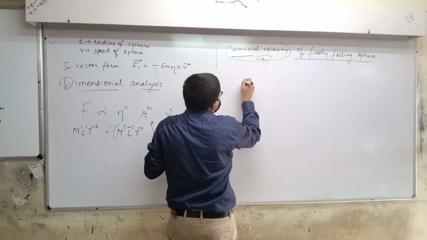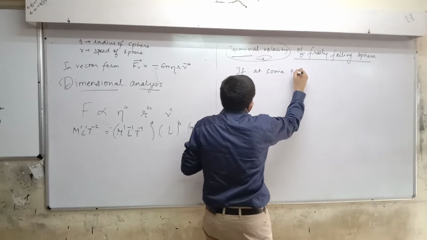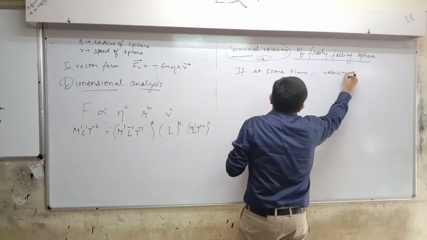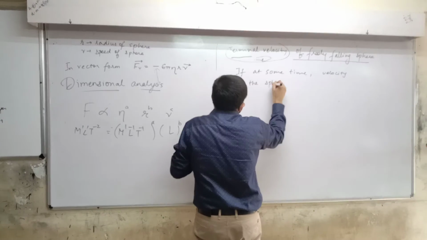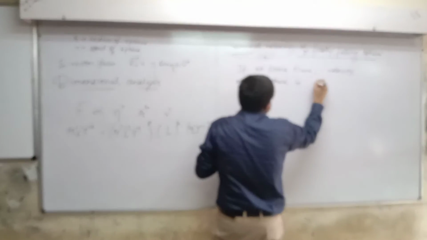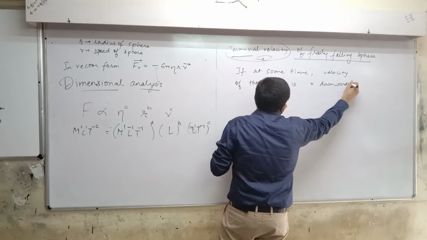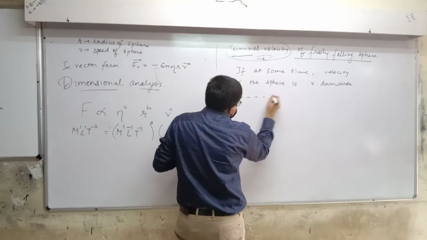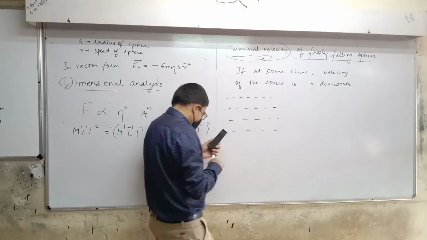So if at some time the velocity of the sphere is v downward, here in the diagram, let's say it is in some fluid.